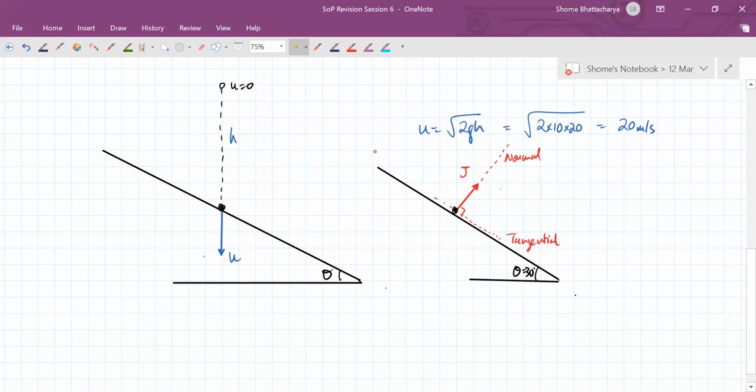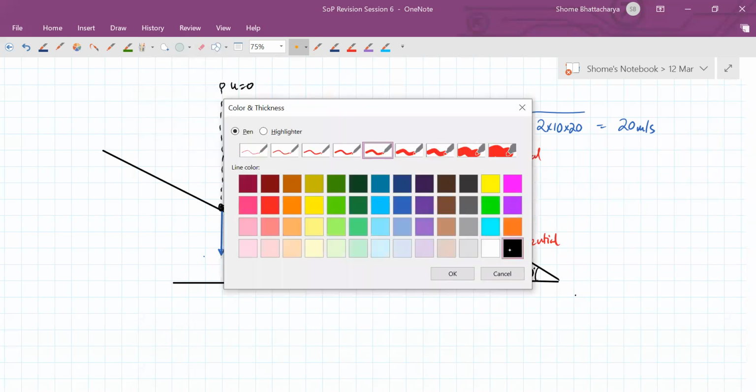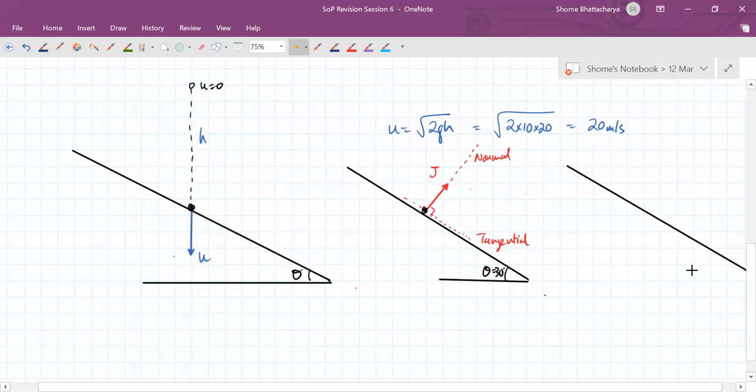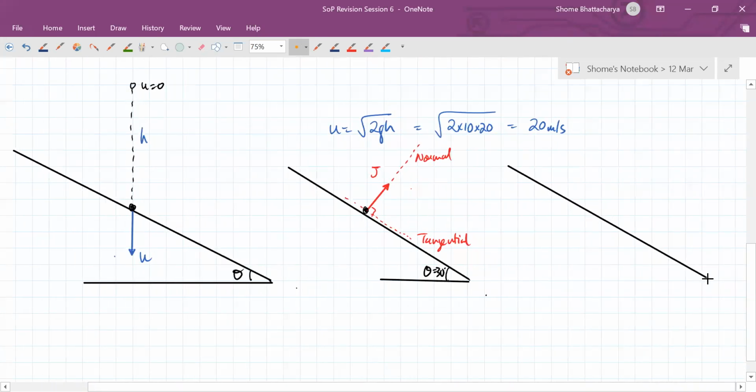Now given to us in the question as part of the data, or the observation given, is that immediately after the impact, the direction of motion of the particle is horizontal.